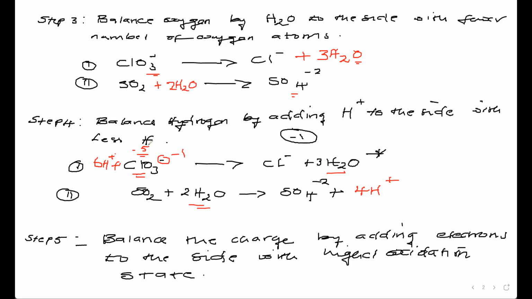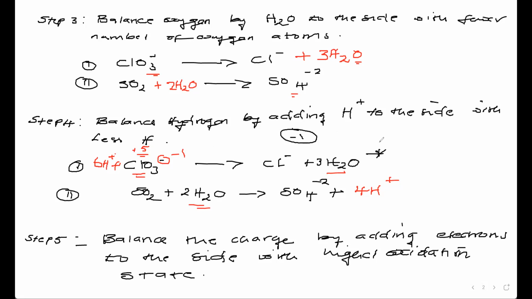So observe that on the product side, we have the oxidation number of -1, but on the reactant side, we have the oxidation number of +5. But the question is, we need to balance these charges.